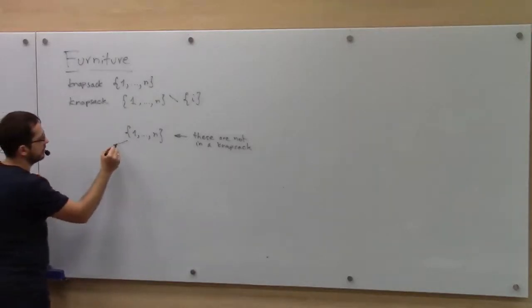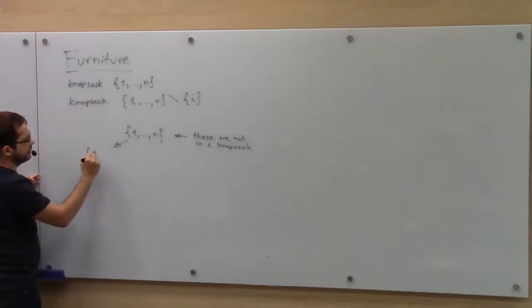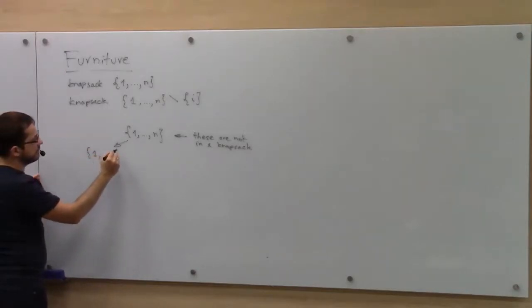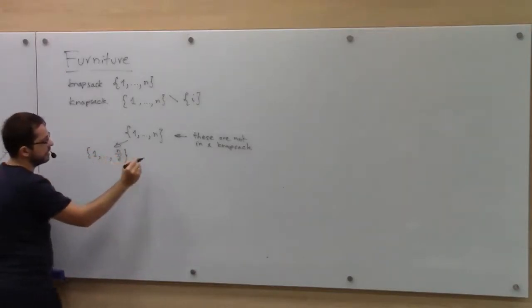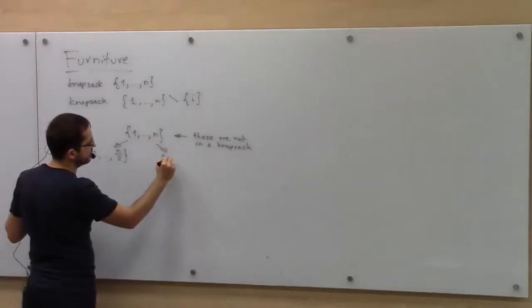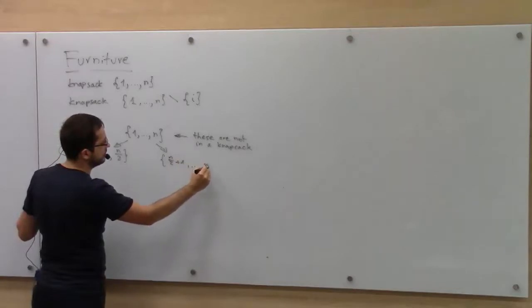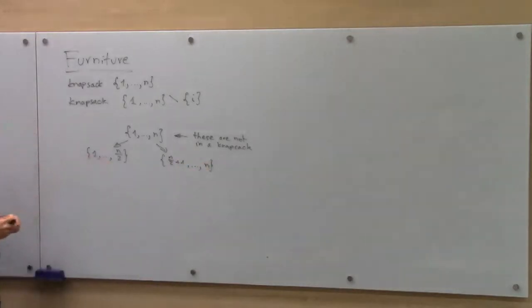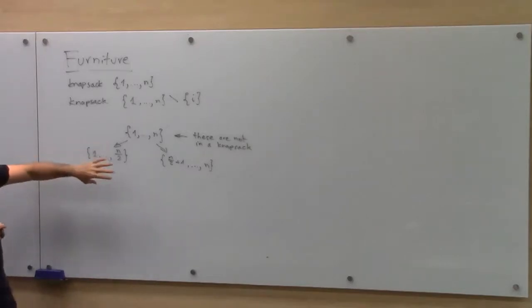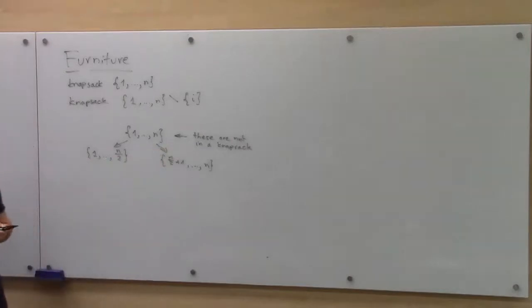Let's say a group which contains the first half of the elements and a group which contains the second half of elements. Okay, so for simplicity assume that n is a power of 2, so we can make this integer division. Still we will have this assumption that these are elements which are not in the knapsack, so we have to put the other elements in the knapsack.